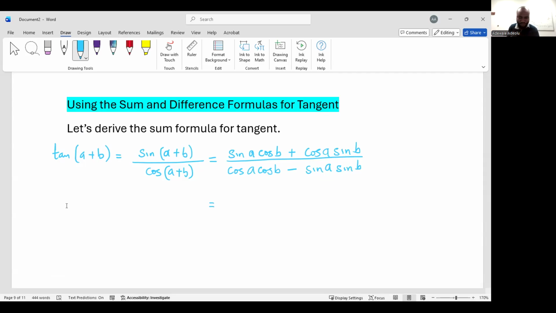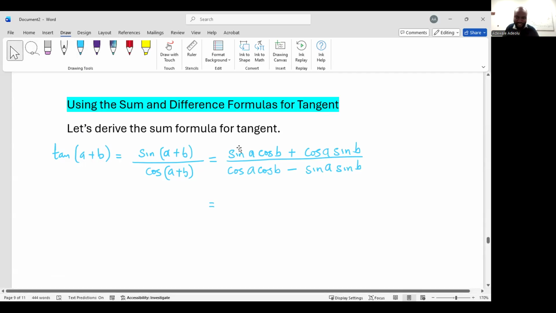I know that if I divide sine by cosine, I can get tangents, right? Okay, let us do something.